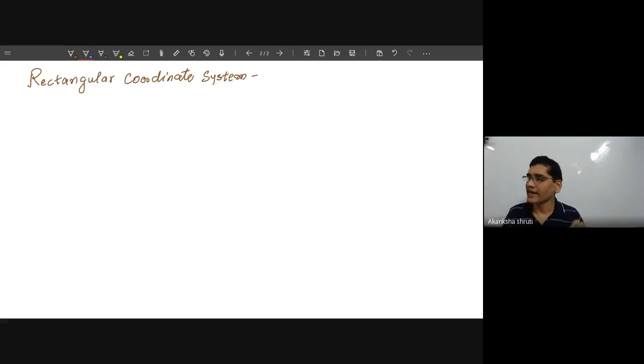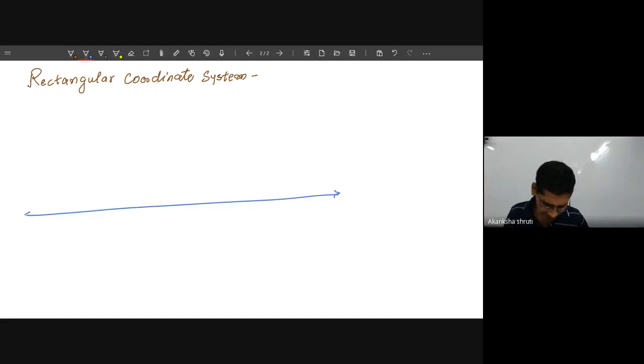Since the lines are endless, we are drawing these two lines like this. And these lines are perpendicular to each other. Means whatever angle you are going to consider, each of the angles is 90 degrees.